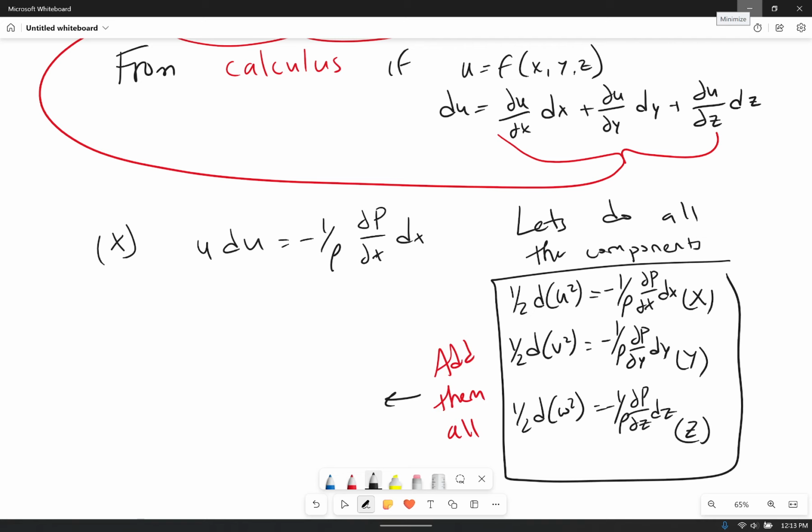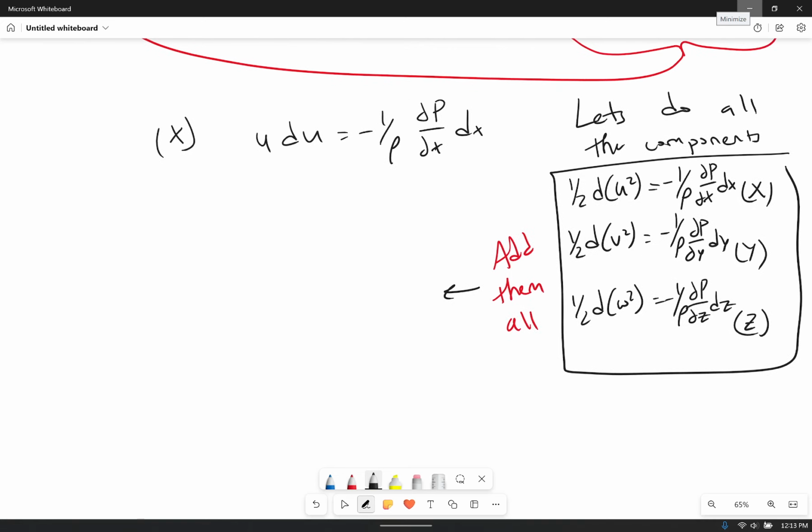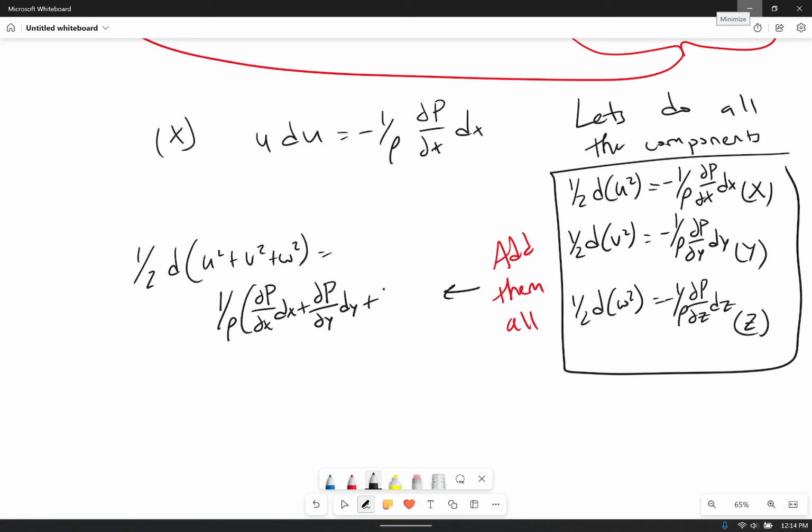And that gives me the following equation. 1/2 of d of u squared plus v squared plus w squared is equal to negative 1 over rho times, I'm just going to run out of space right here, so I'll put it underneath it, del p del x dx plus del p del y dy plus del p del z dz.